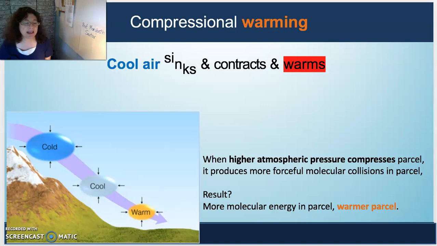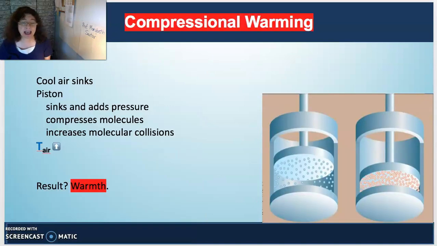If you look at this in terms of the piston again, you've got this expanded, cool parcel in the piston. Now, when the piston comes back down again, it will compress the molecules so they have less space to move in.